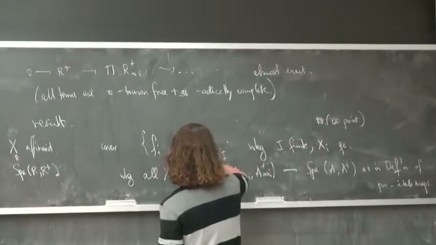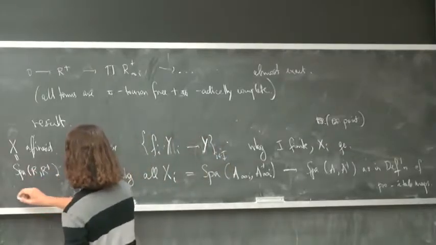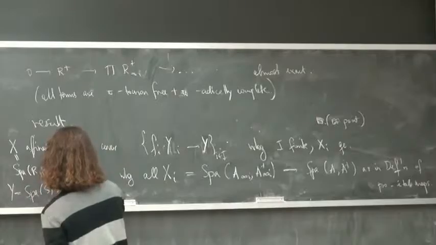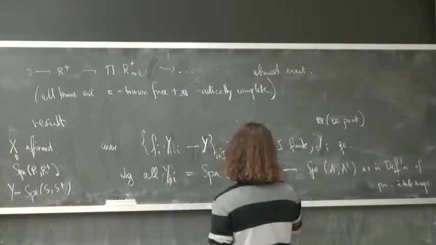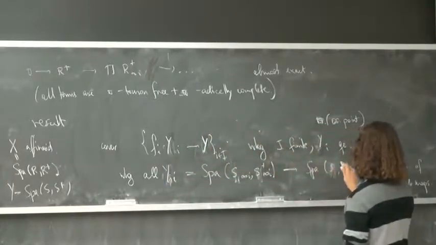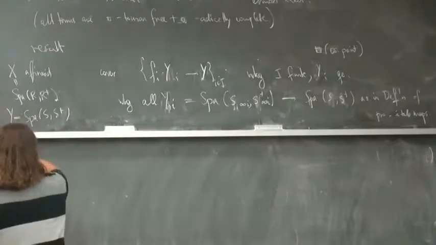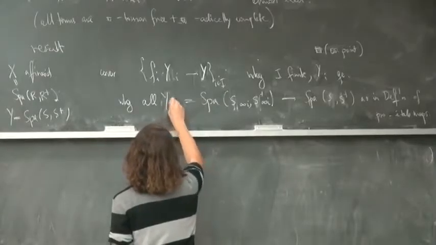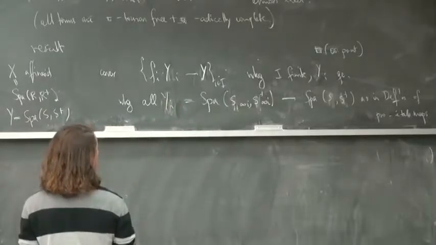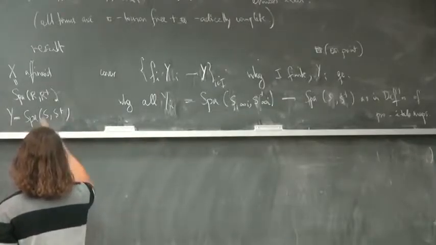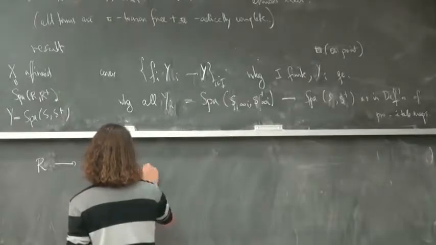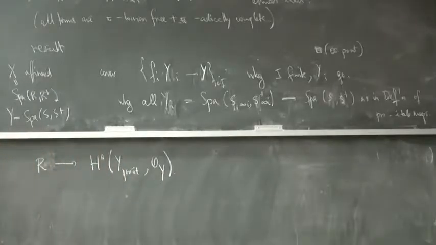I want to cover the Y. And so what you want to produce is a map from R to S, and so we get a map from R to the H0 on Y Proétale for Y, because after a Proétale cover, we have a section.